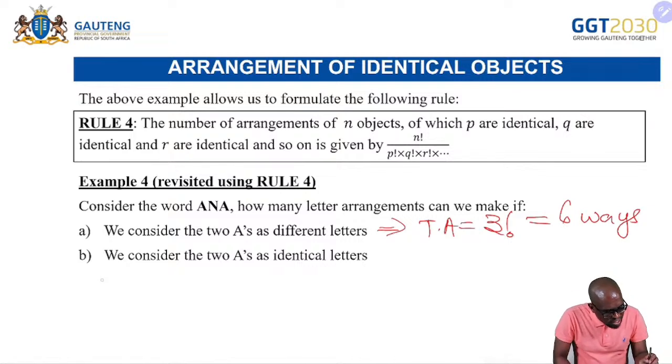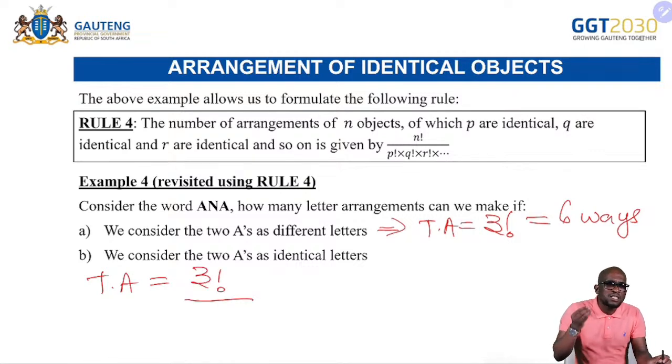But if we consider the two A's as identical letters, then the total arrangement would be governed by rule 4. The total number of letters is 3 factorial. However, we have repeated letters. How many repeated letters do we have? We have A's that are repeated twice. So we're going to divide that by 2 factorial.